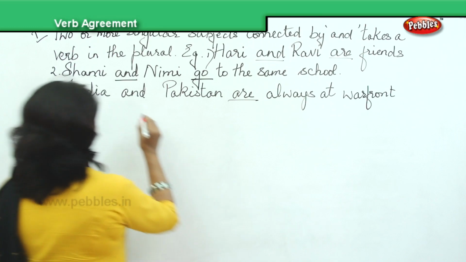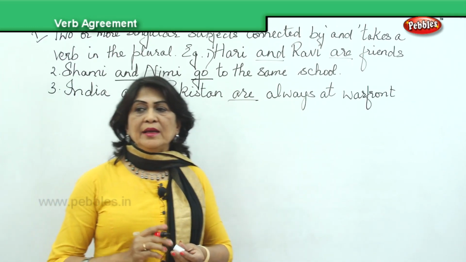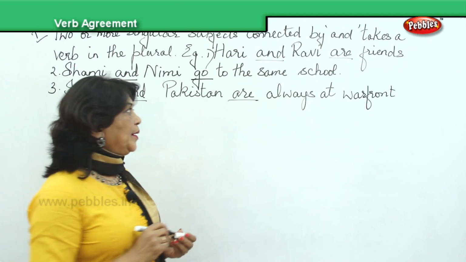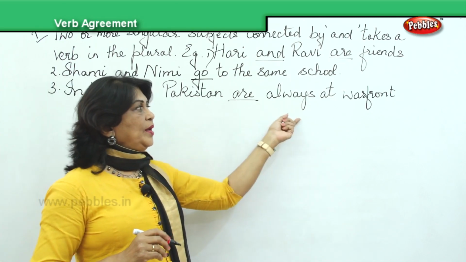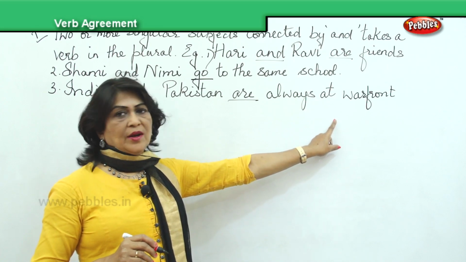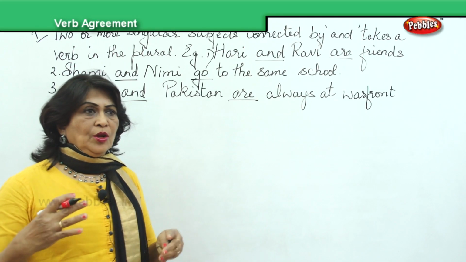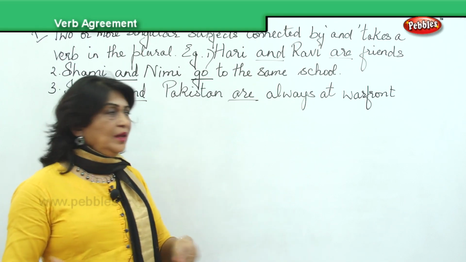Are, because it talks about two countries, India and Pakistan. India and Pakistan are always at the war front. That is, they are always so cautious of one coming into the other country.